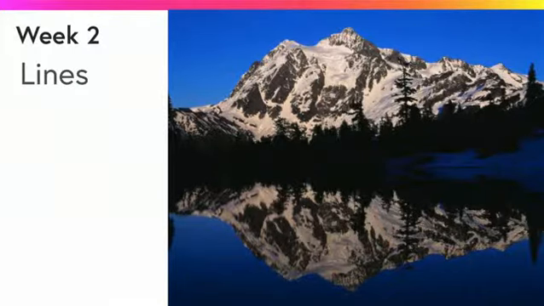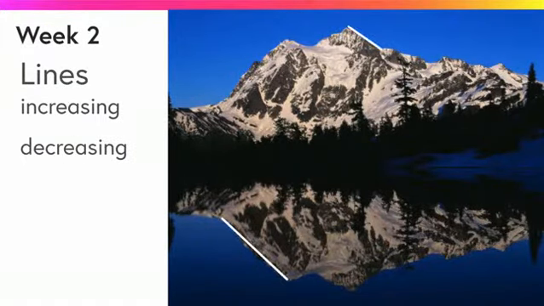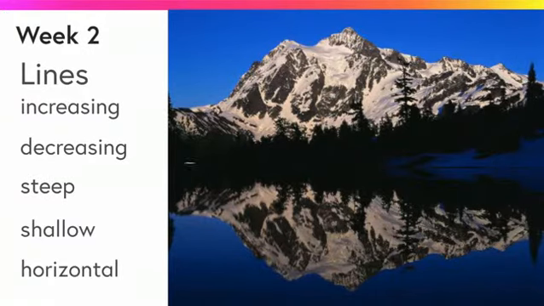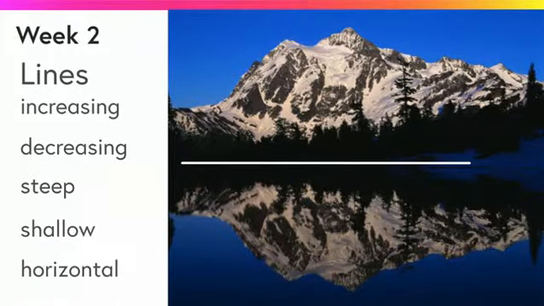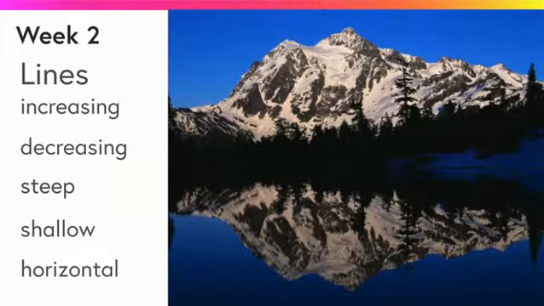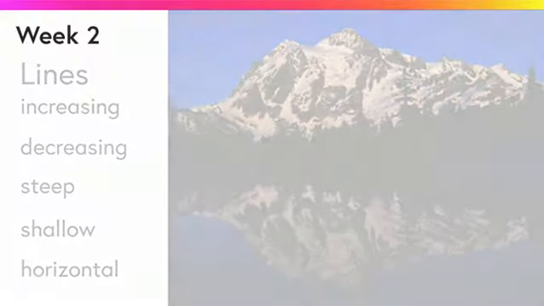We shall see that intuitive ideas about a line, such as whether it is increasing, decreasing, steep, shallow, or horizontal, can all be incorporated into mathematical statements or equations. We do this by expressing both points and lines in a mathematical form using algebra.